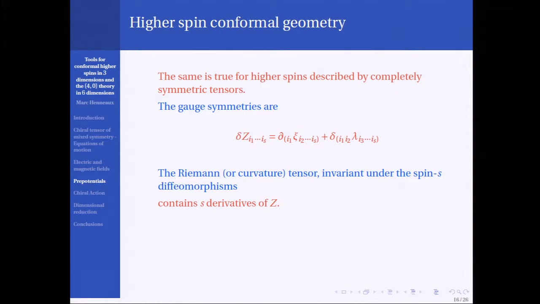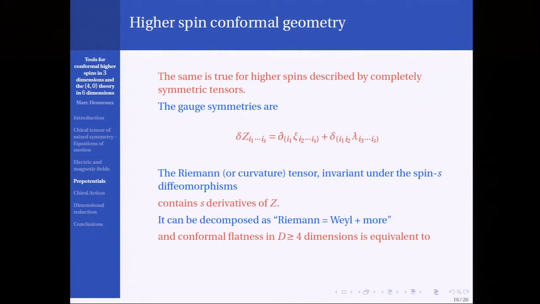First of all, the analog of the Riemann or curvature tensor will now contain S derivatives of the field, and can be decomposed into Riemann equals Weyl, the piece without trace, plus all the successive traces. In 4 dimensions or higher, the conformal flatness, so the fact that the field is pure gauge, is equivalent to the condition that Weyl is equal to 0.